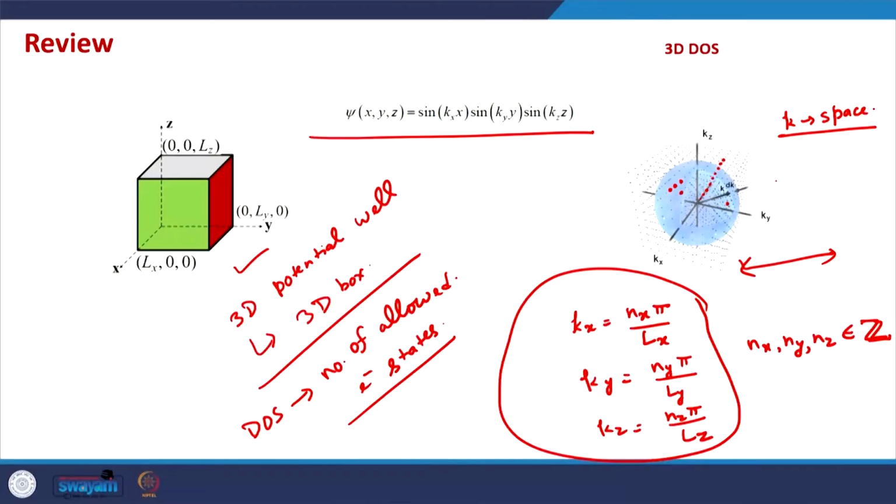If we consider the spin degree of freedom of electrons, each of these points can hold up to 2 electrons. So, the number of allowed electronic states will be twice the number of these points. There are 2 allowed states corresponding to 1 point.